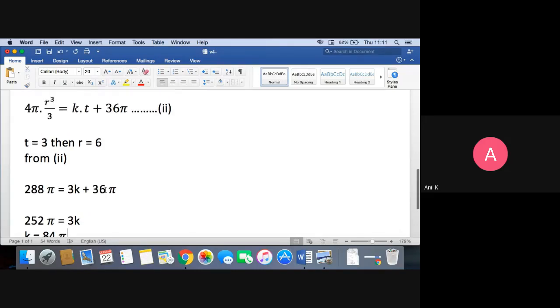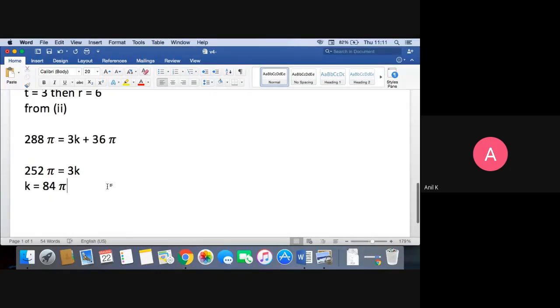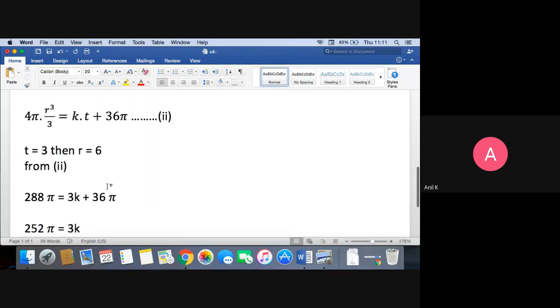Substitute this value of k in equation number 2. Let me copy this equation number 2 once.